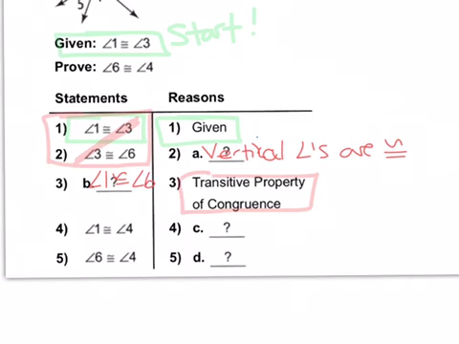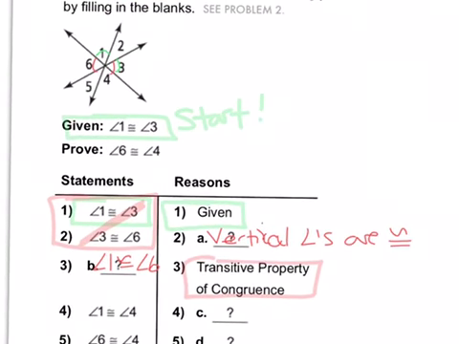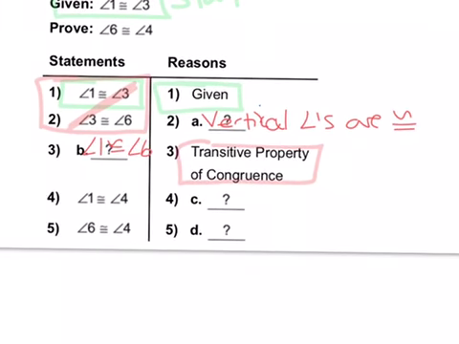The next step tells me that angle 1 is congruent to angle 4. So if I pop back to my picture and I take a peek, angle 1 and angle 4, yes, those are congruent. And the reason I can list is the same reason, that vertical angles are congruent.